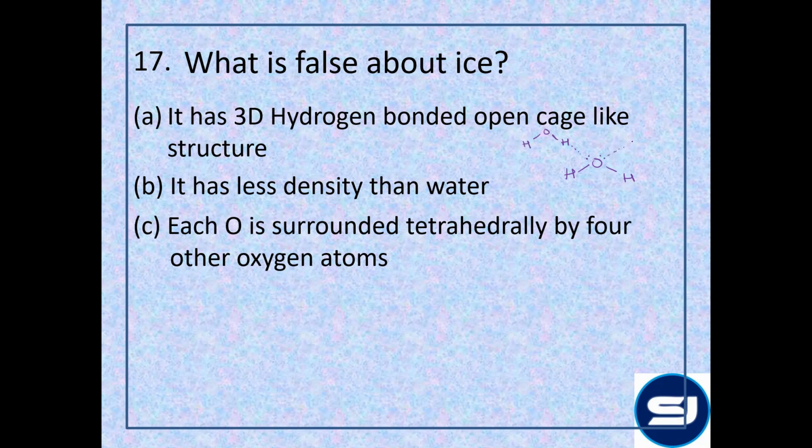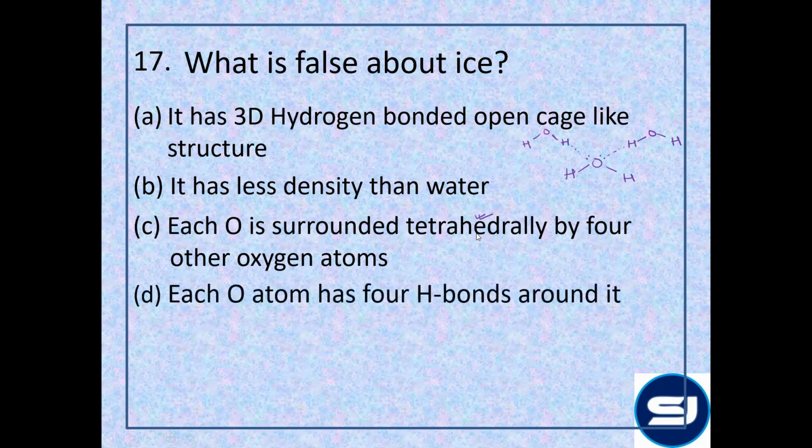And here too, through the H bond, there is one more water associated. So this oxygen is surrounded by 4 hydrogens, and because the hybridization is sp3, it is tetrahedrally surrounded.